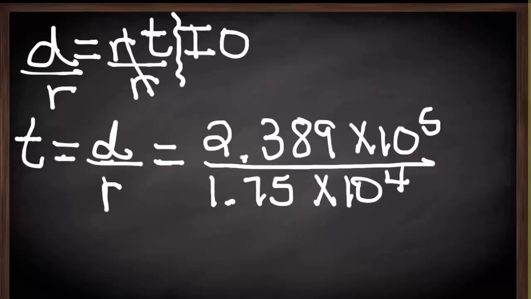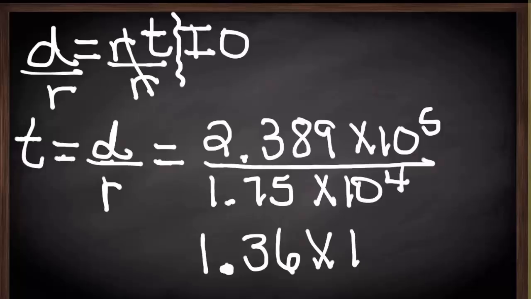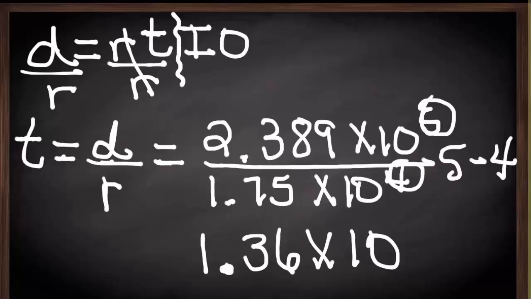When you divide those two numbers, you get, if you round or approximate, 1 and 36 hundredths, and then you place your times 10, and in order to divide in scientific notation, you simply subtract your two exponents. So that's 5 minus 4, which gives us 1. So the time it would take Travis to travel to the moon is 1 and 36 hundredths times 10 to the 1st power in scientific notation.